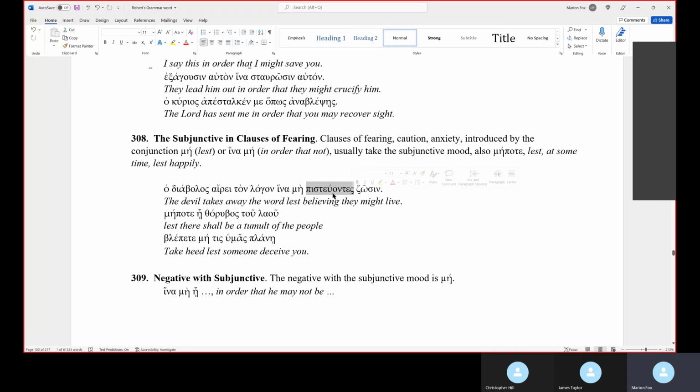So this is a participle: in order that those would not believe and lead to salvation, the process of believing they might be saved. Right? So that they will not go through the process of believing and be saved.